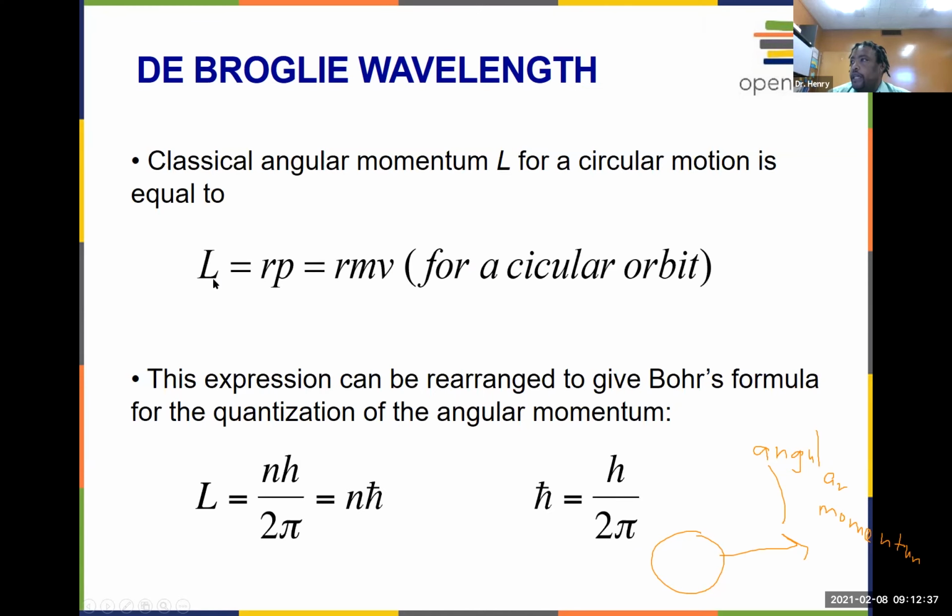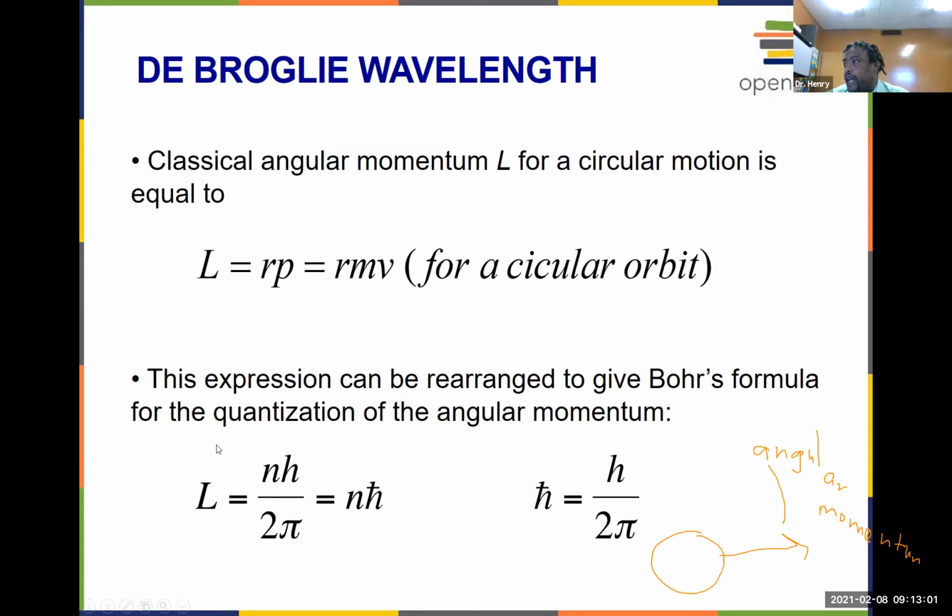So we know that in classic physics, angular momentum is equal to the radius times P, which is radius times momentum. That equals your angular momentum. And this is accounting for that circular motion, okay? So we have the angular momentum that we also have to take into consideration.